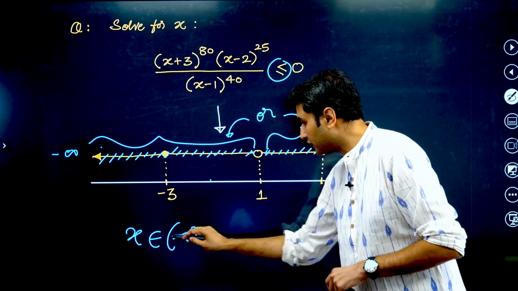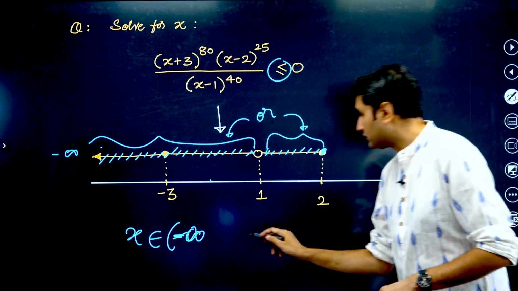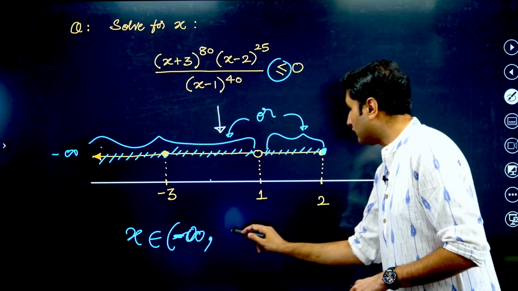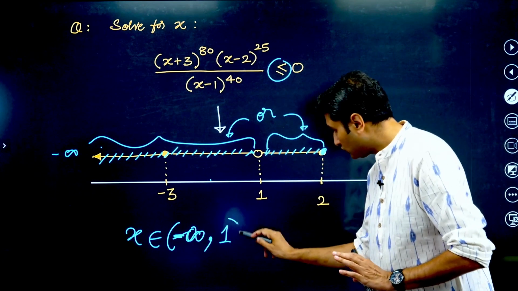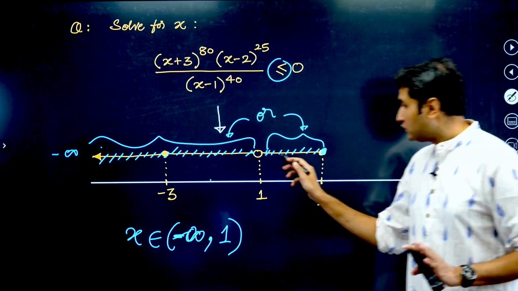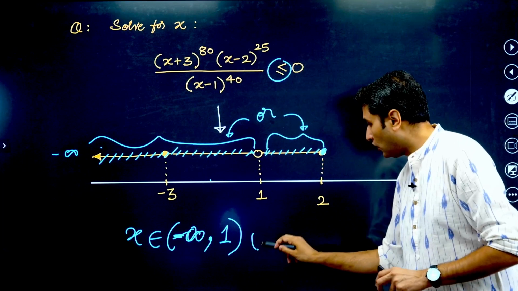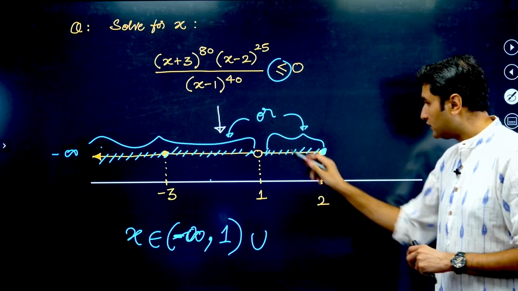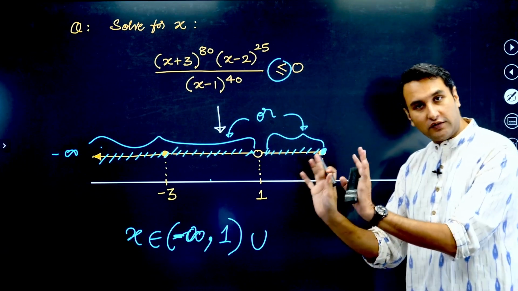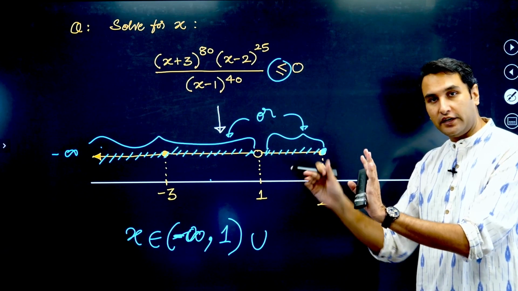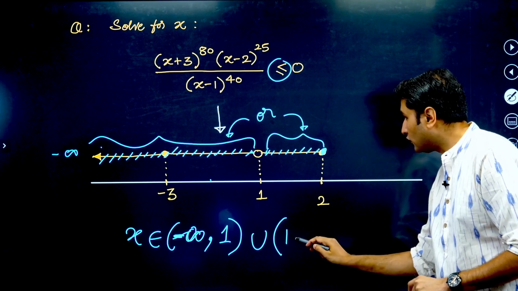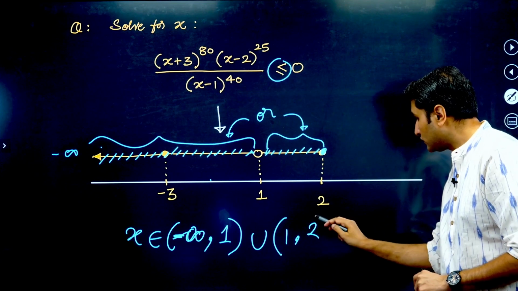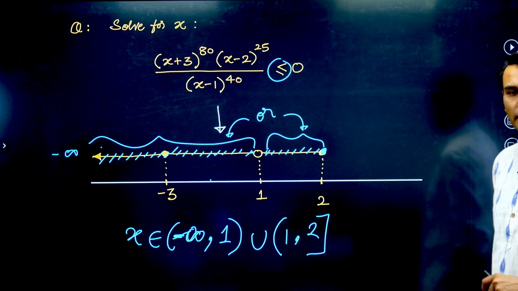Start from -infinity, open bracket, come till 1, but don't enter 1, don't enter the house of 1, open. Or you covered this zone, union is or, again remaining outside the one's house. Now go further, from 1 go further till 2 including the 2.